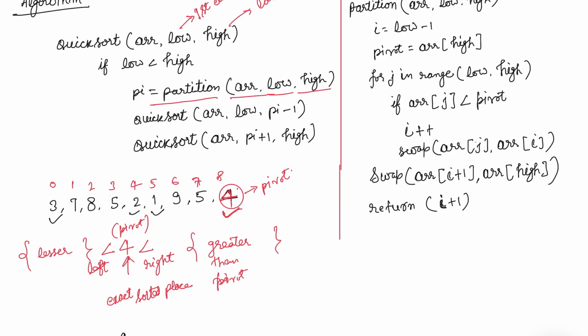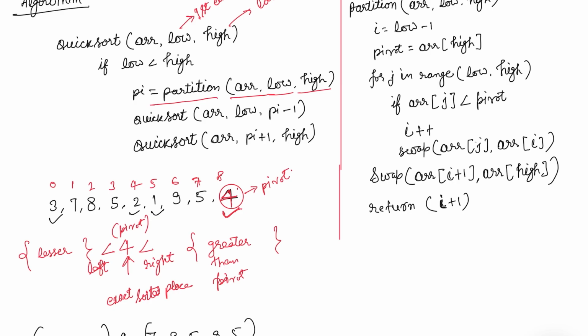I am just telling this randomly, not according to the partition function. 7, 8, 5, 9, 5, it should be like this. All those lesser than 4 are in the left direction, and all those greater than 4 are in the right direction. This will be followed for this array also and this array also.